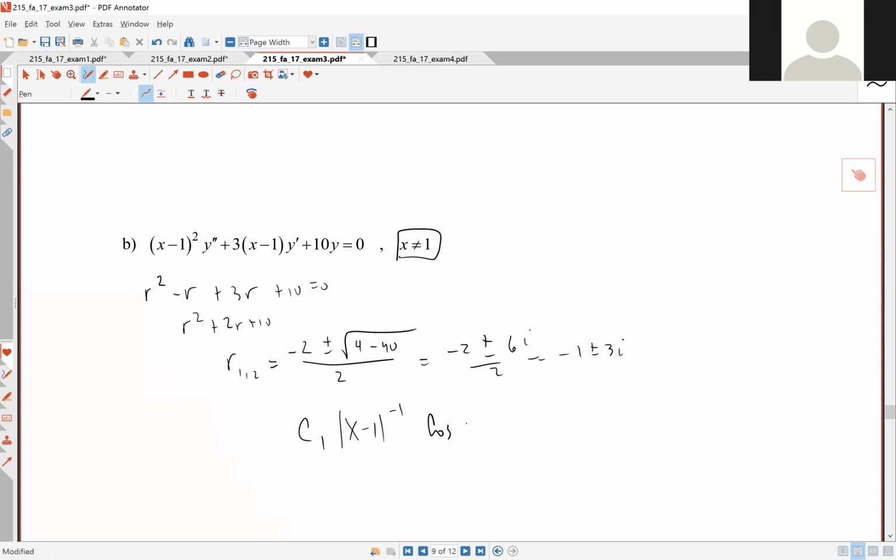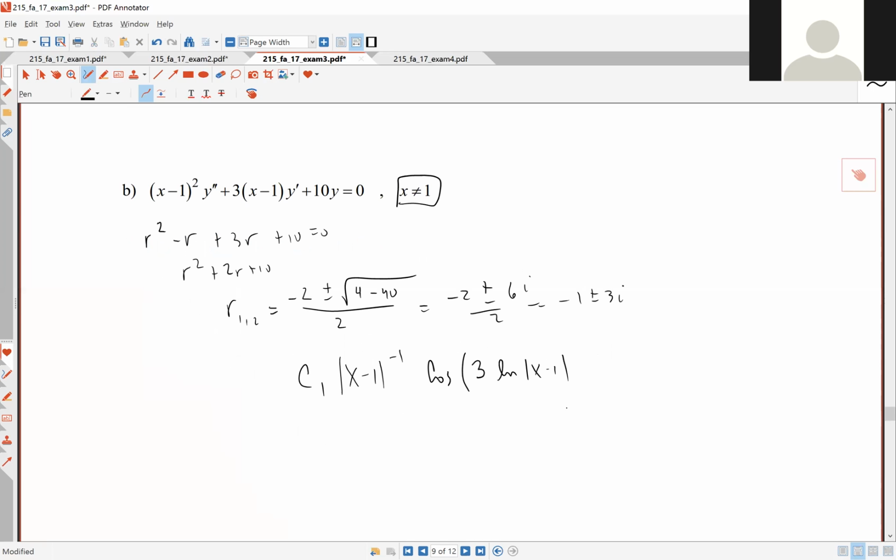Times a cosine of 3 natural log of x minus 1, plus C2 absolute value of x minus 1 to the negative 1 sine of 3 times absolute natural log of x minus 1.